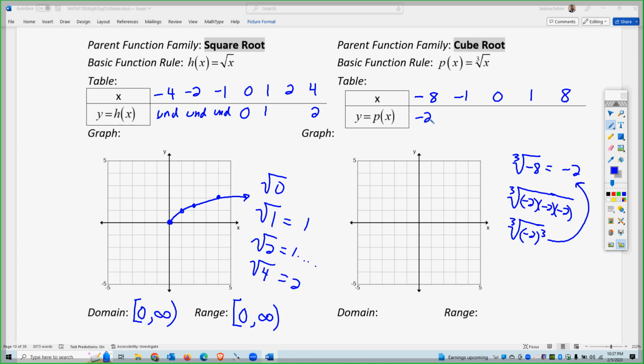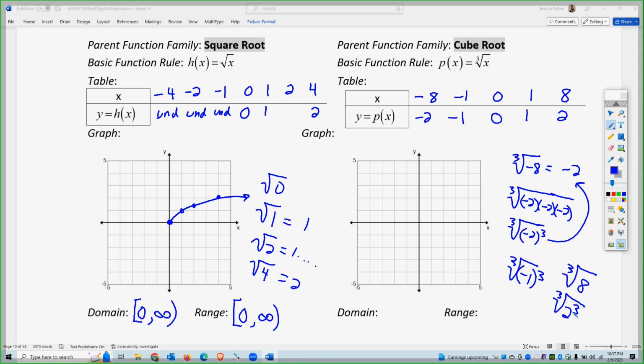Okay, so this is -1, right? Because the third root of -1 is just -1, because this is the same thing as -1 three times, right? 0 is 0, because the root of 0 is always 0 no matter what root it is, and that's 1 and that's 2, correct? Because the third root of 8 is the third root of 2 to the third, because 2 to the third is 8, so you get 2.